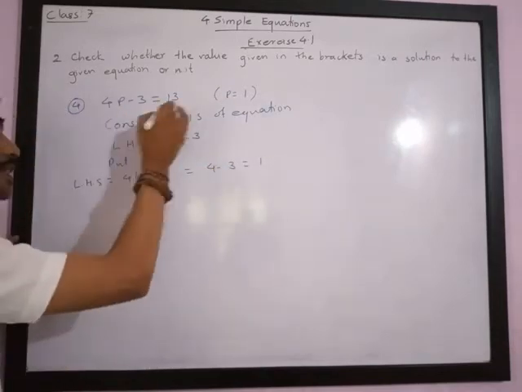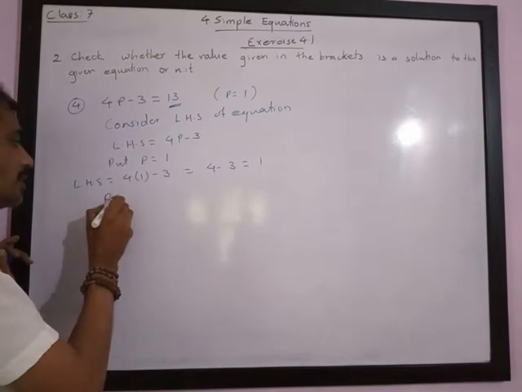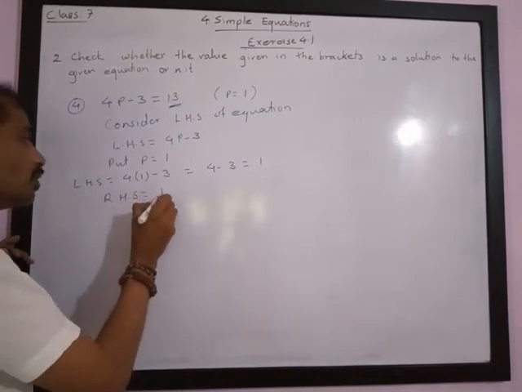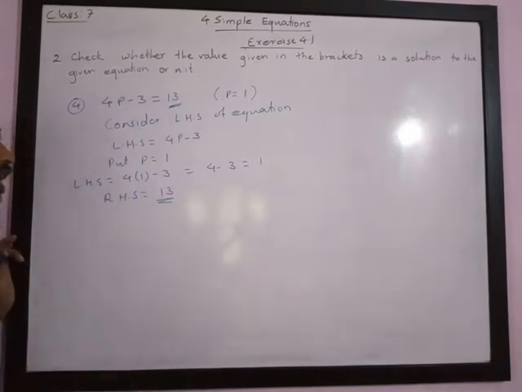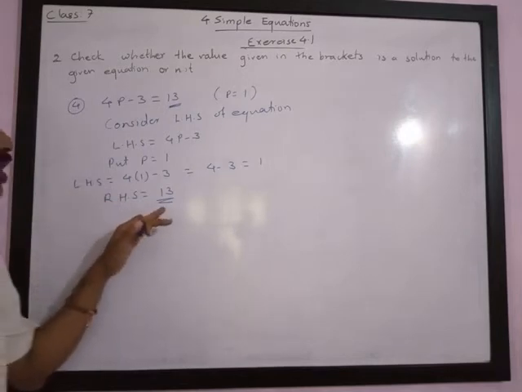But RHS, the right hand side, is equal to 13. Please note here again, left hand side is not equal to right hand side.